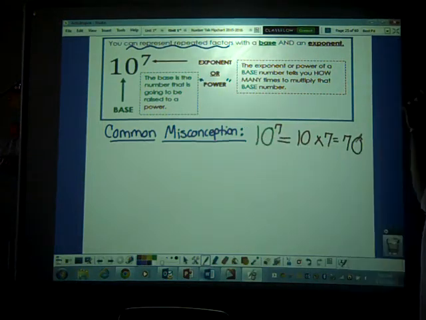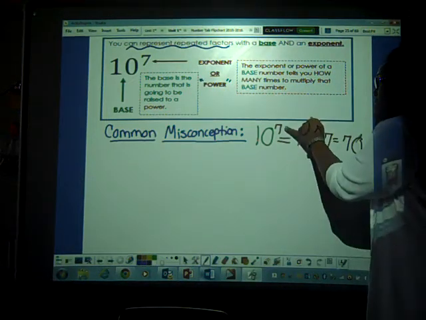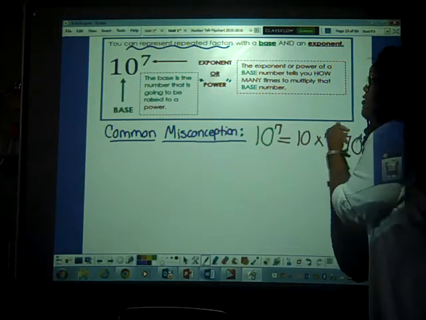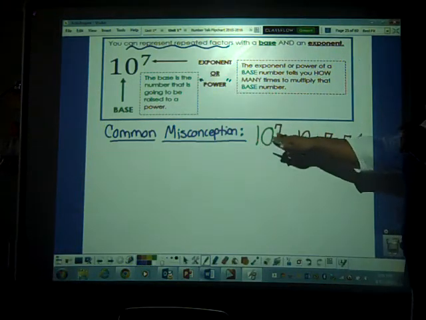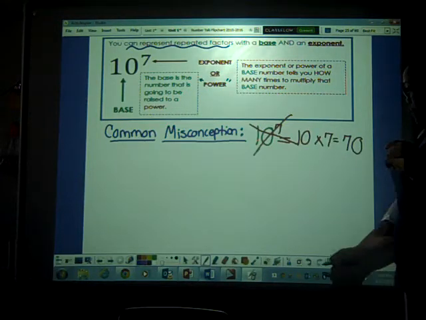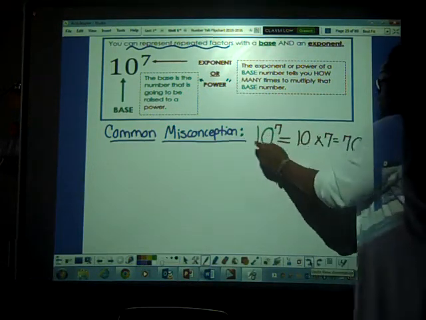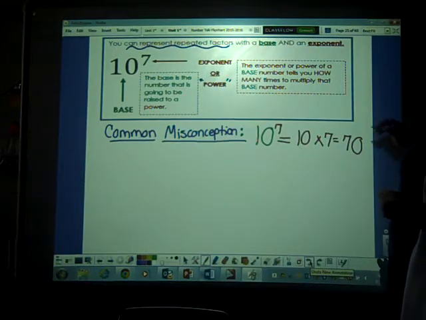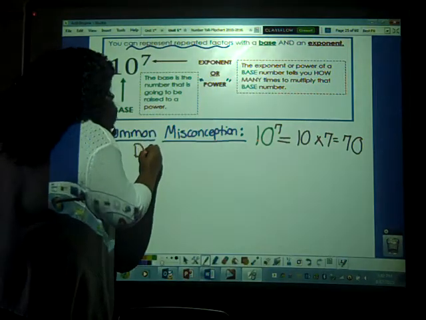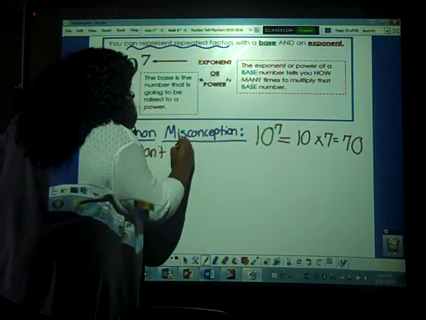It may look like, oh, I multiplied that 10 and that 7 together, but actually this exponent tells you how many times to multiply that base by itself. So this misconception right here is a no-no. How about this? You guys copy down this misconception and then put in parentheses underneath it, don't do this.